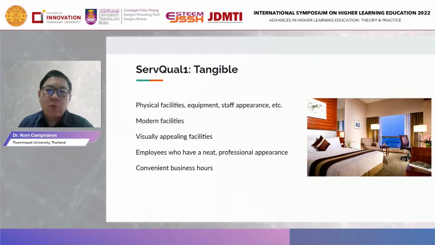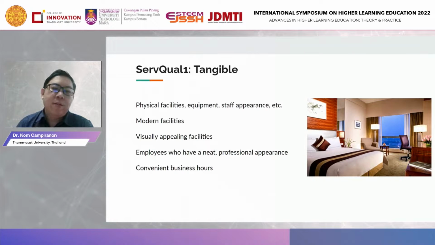So the questions under the tangibles dimension would be something like, what was your expectation of the hotel's cleanliness, for example, or what was your expectation of the hotel's guest room?